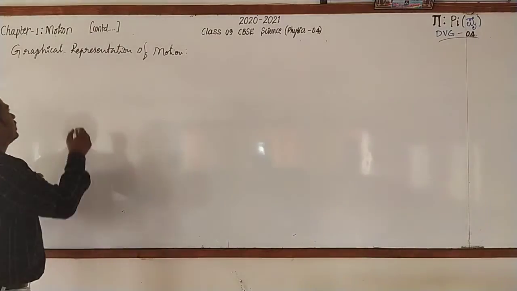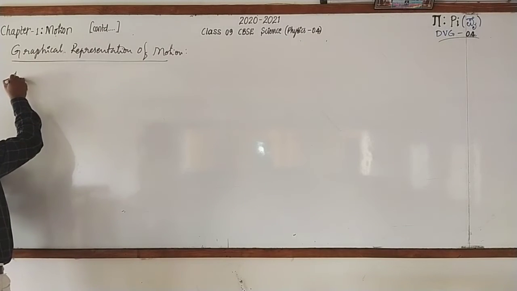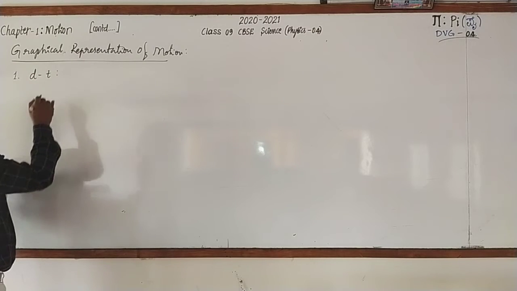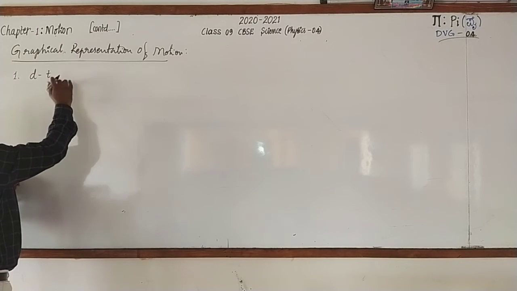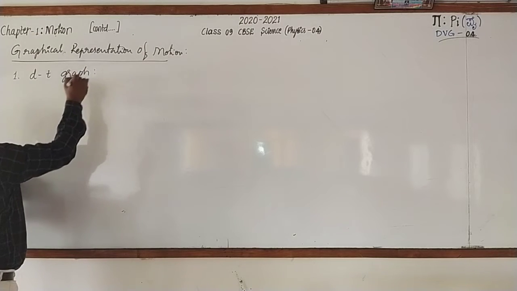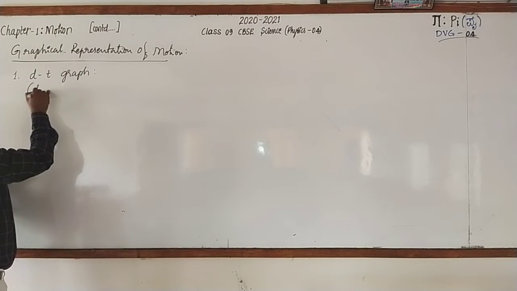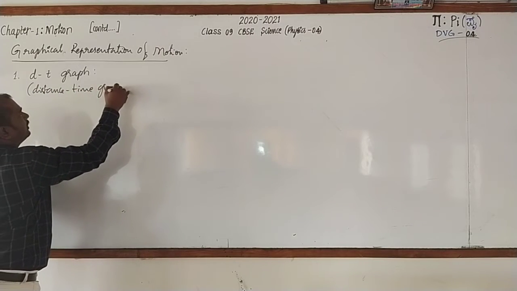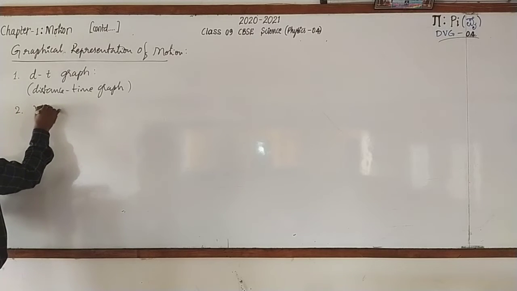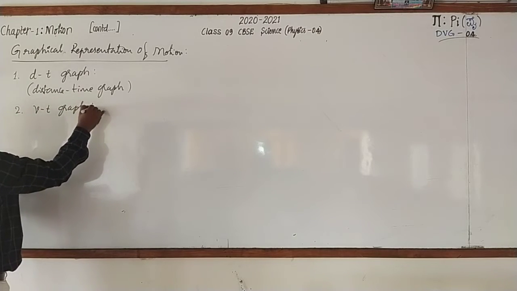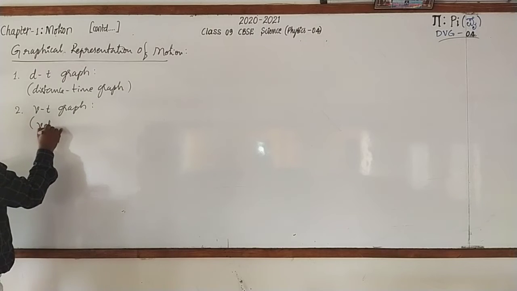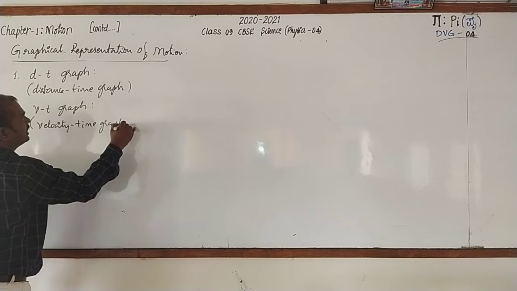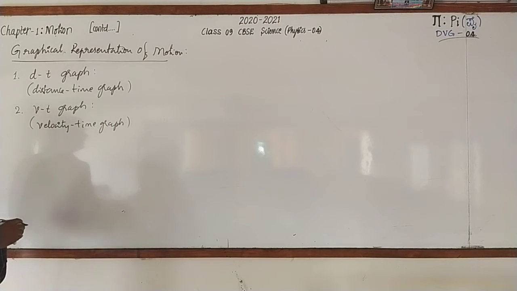The first one is the dt graph, which means distance time graph. Then another one is the vt graph, that means velocity time graph.